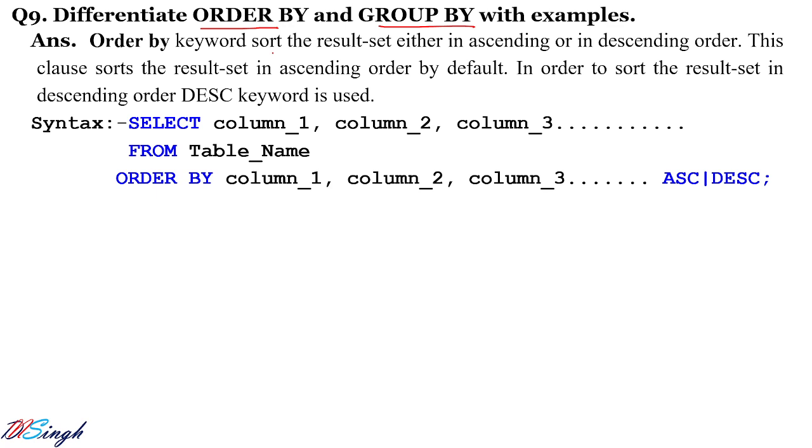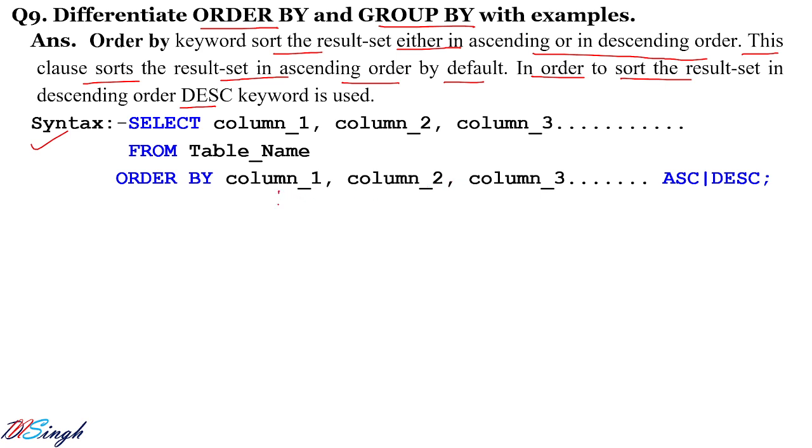Order by keyword sorts the result either in ascending or descending order. The clause sorts the result set in ascending order by default. In order to sort the result set in descending order, you have to use the DESC keyword. So this is the syntax: select column name or column list from table name order by, and you can specify columns comma separated.